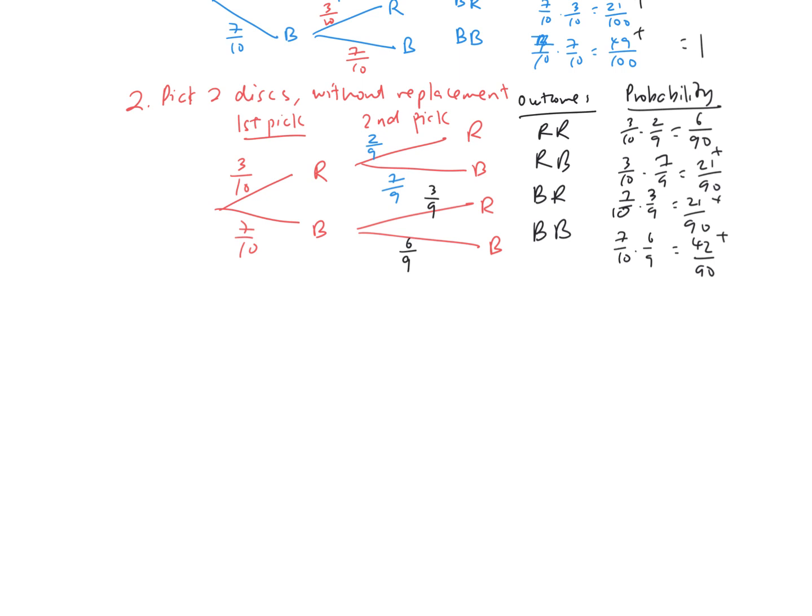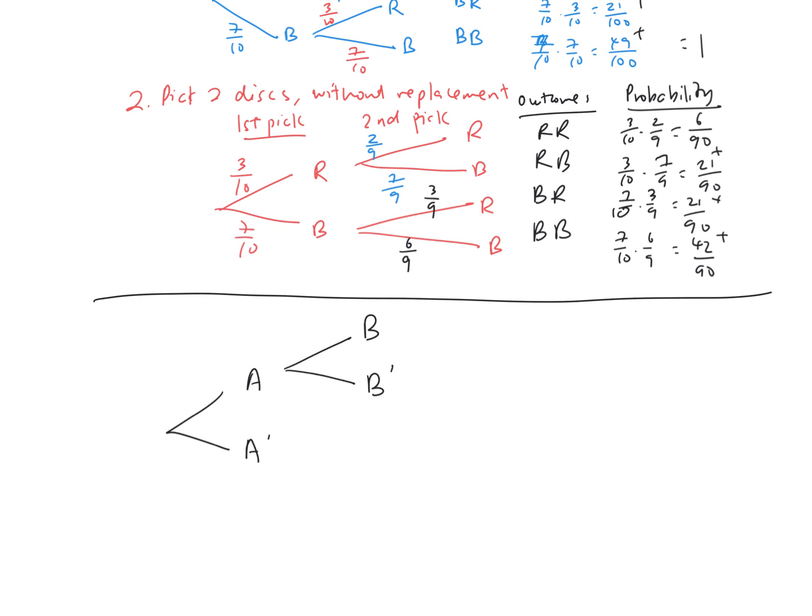Now if we extend to a more theoretical situation, we're going to look at the two events A and B. We have A happening and the complement of A, when it's not A happening, and we have B happening and the complement of B. The probability of A happening is P(A), and the probability of A complement is P(A complement).